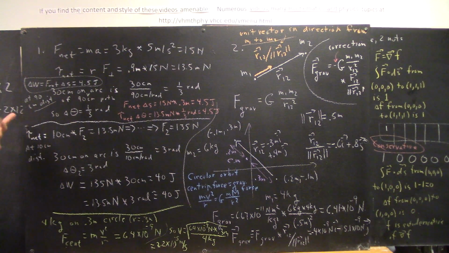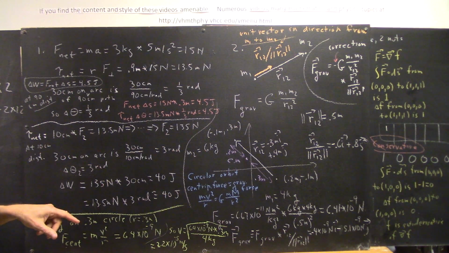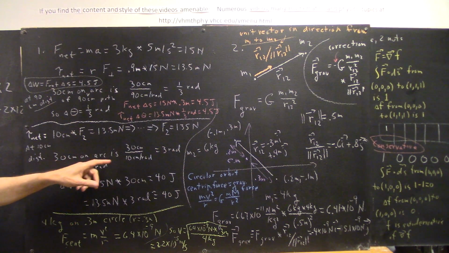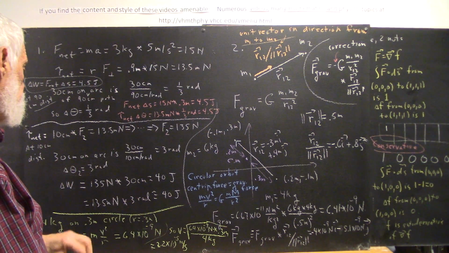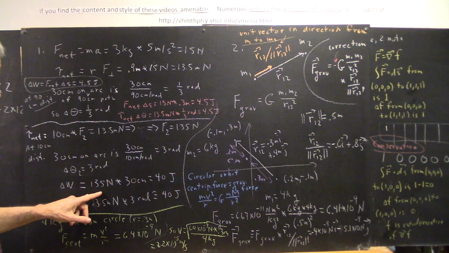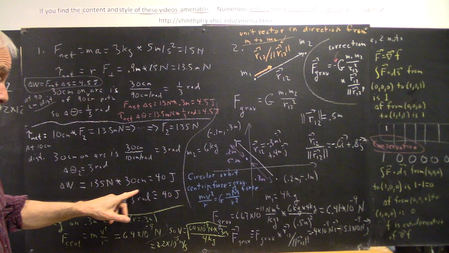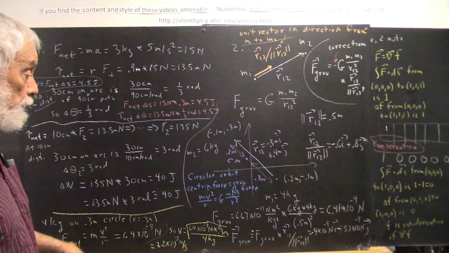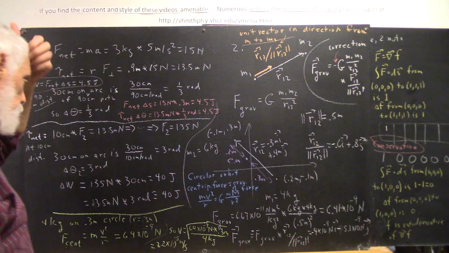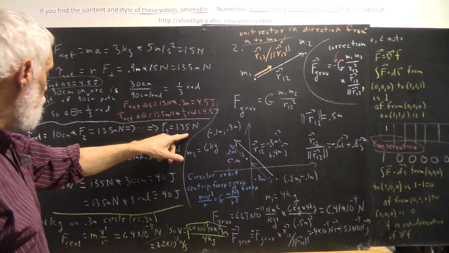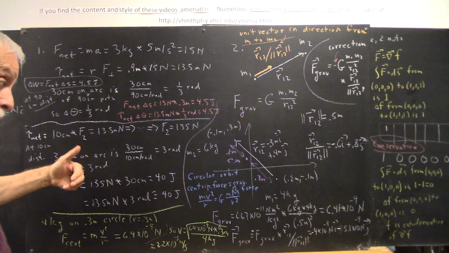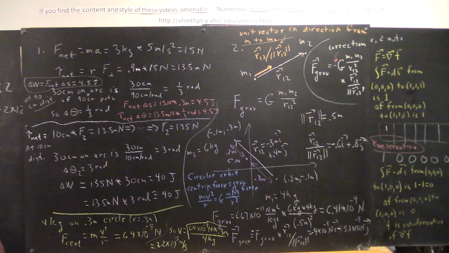Now if we move 30 centimeters on the arc, then the work done is 135 newtons times 30 centimeters. That comes out approximately 40 joules. It's 40.5 joules. I just approximated. You can work out the details. So this force acting through 30 centimeters would give you 40 joules.